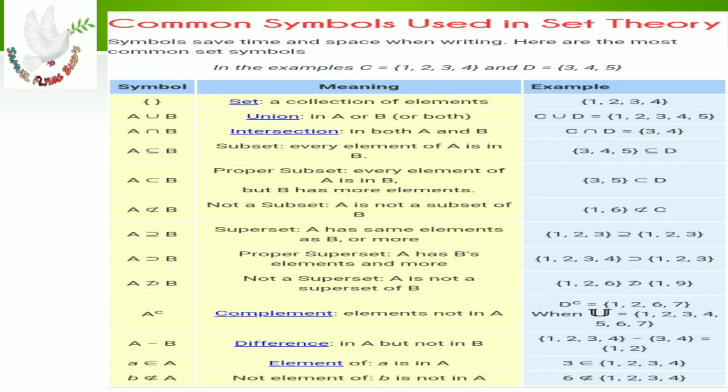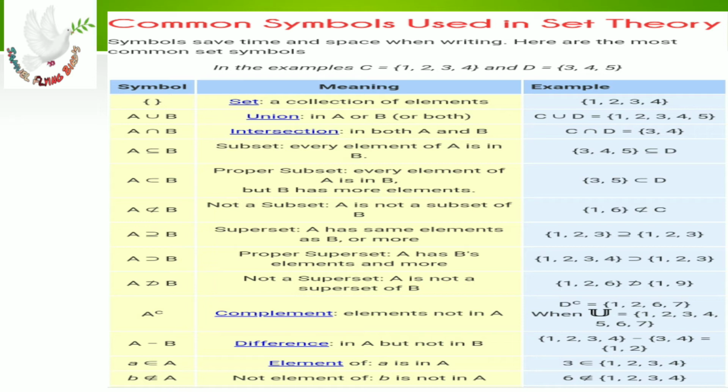Example: C union D can be written as {1, 2, 3, 4, 5}. A intersection B: intersection means in both A and B. For example, C intersection D is {3, 4}.